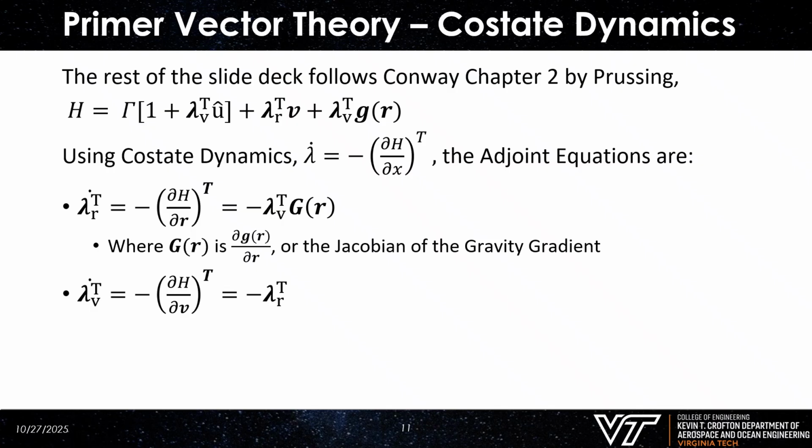If we take the partial of the Hamiltonian with respect to our position and our velocity, we get these new equations, which basically say that the time derivative of our position adjoint vector is just our negative velocity adjoint vector times our gravitational gradient, or more specifically, the Jacobian of our gravity gradient, and that'll be a 3 by 3 matrix. The time derivative of our velocity adjoint vector is simply the negative adjoint vector for your position.